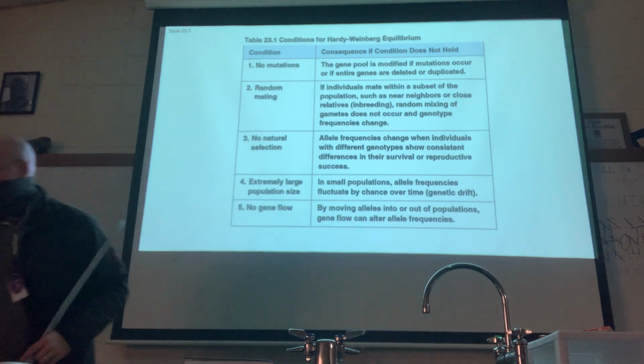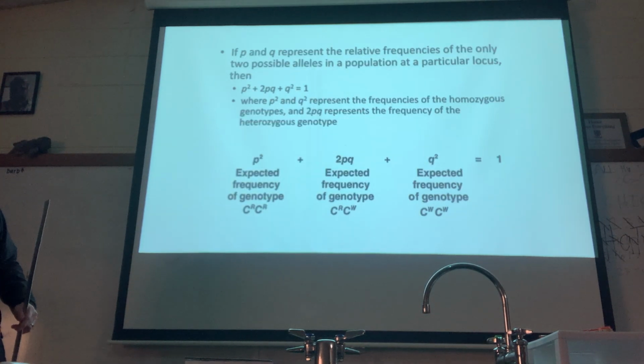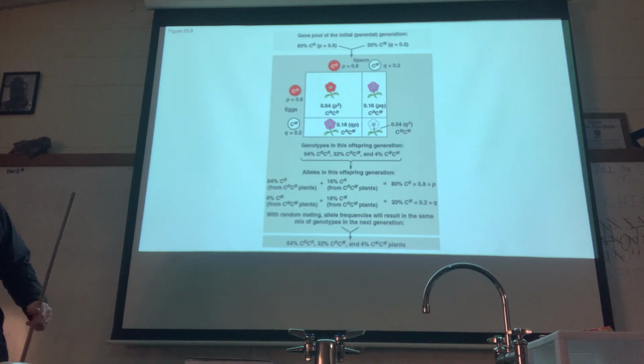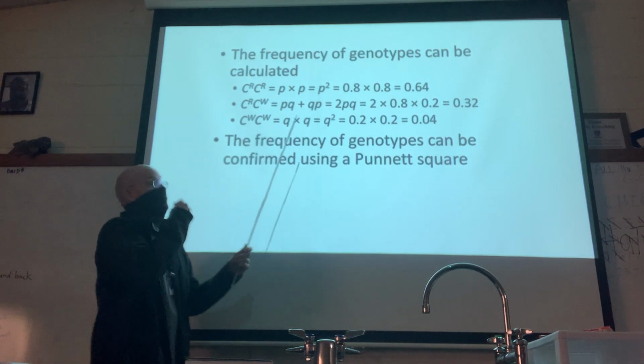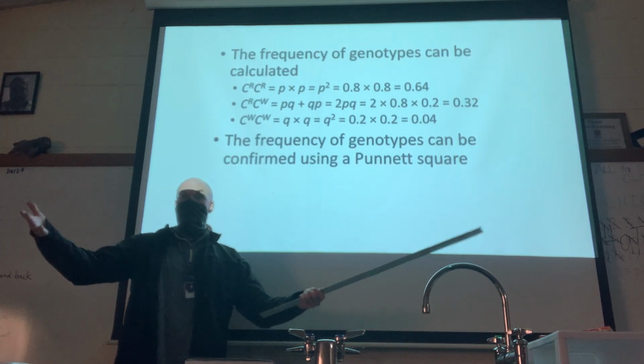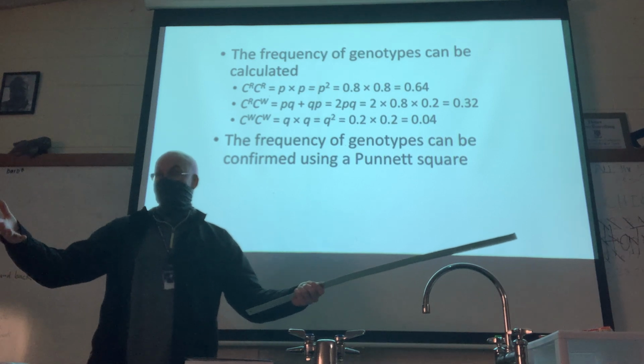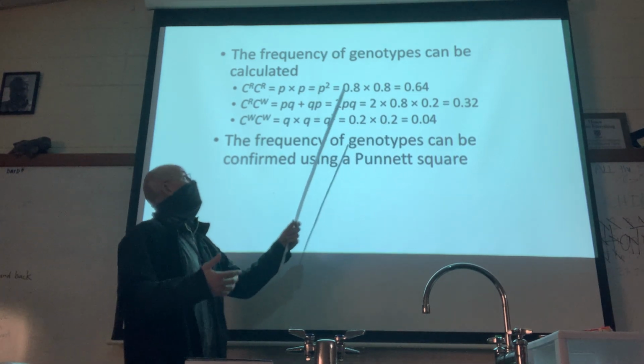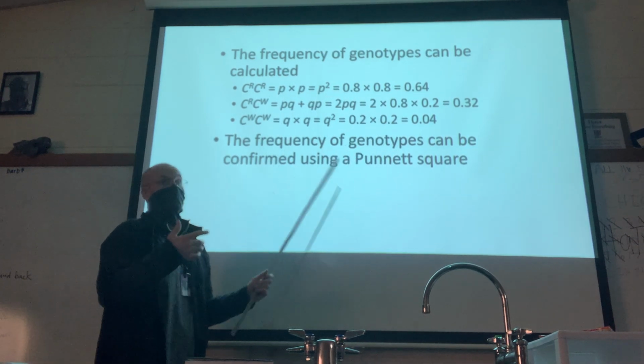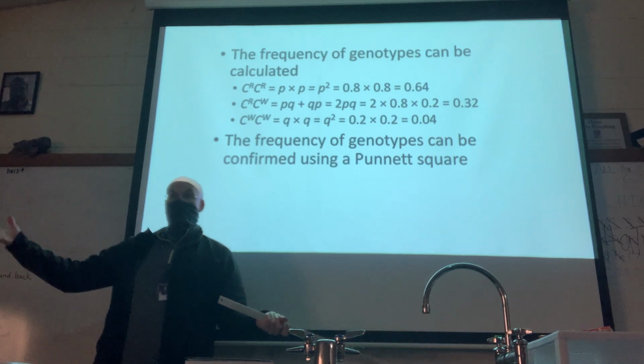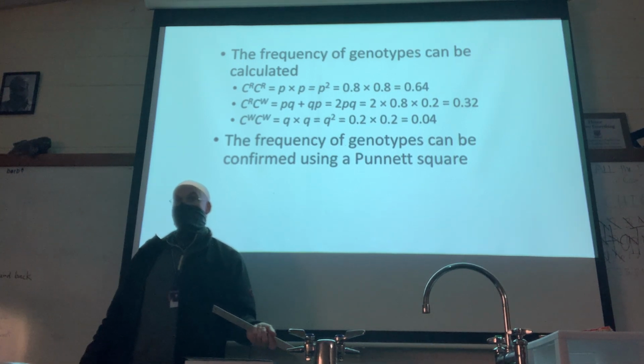So just to go back real quick, we have counted this population. We know that p and q are the frequencies of those two genes.